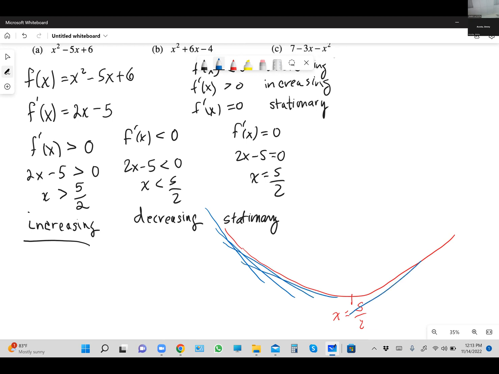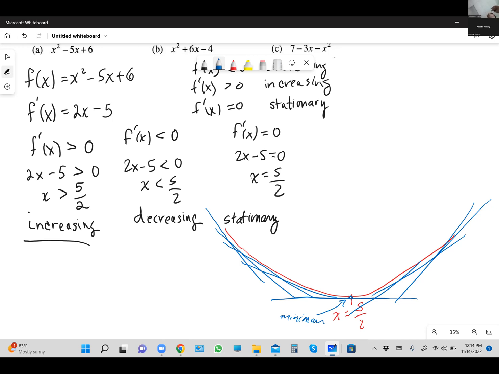And all over here, they're positive. You see? But right here, at the stationary point, it's 0. And guess what? This is the minimum. It's the smallest point.